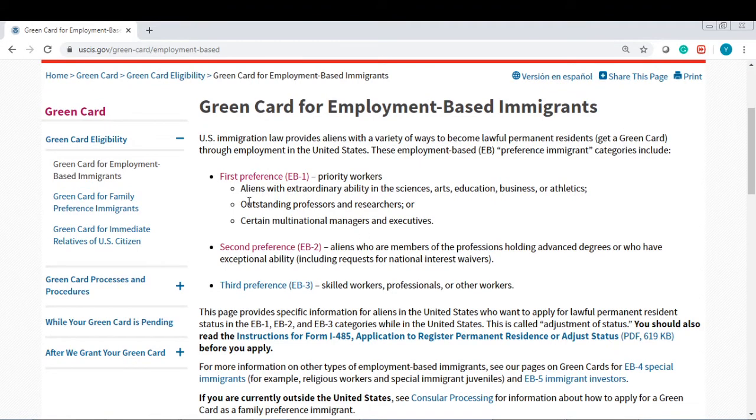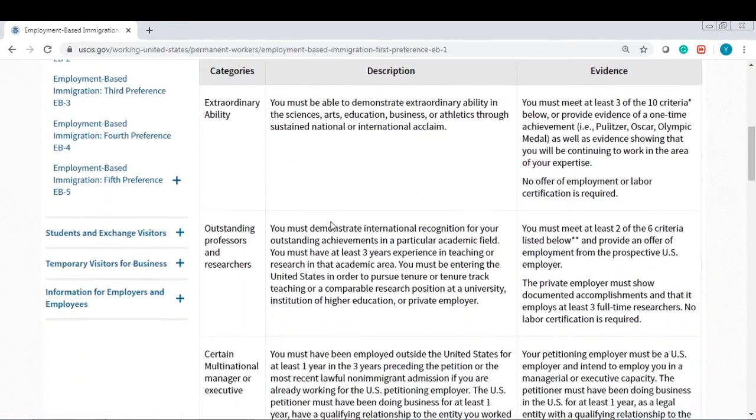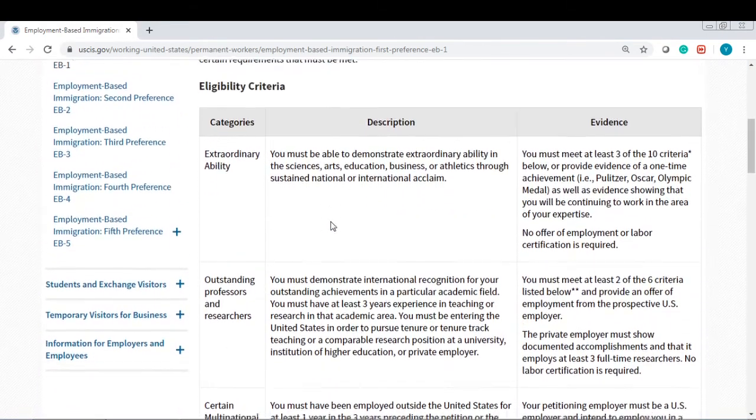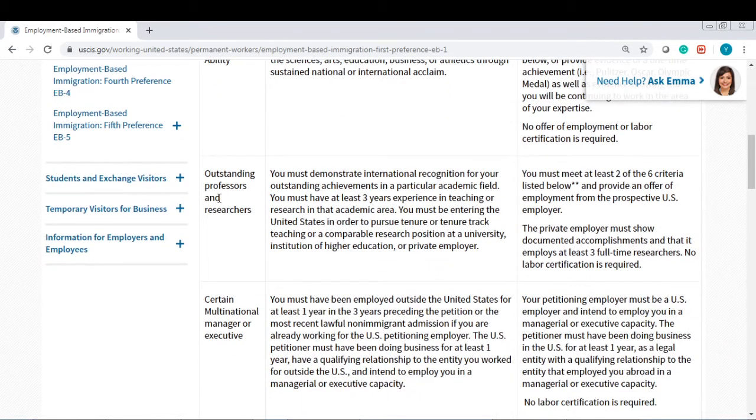As you can see, the first preference is also called EB-1, the second preference is called EB-2, and the third preference is called EB-3. Today, in this video, I will talk about EB-1 specifically. For EB-1, we have three types: extraordinary ability, outstanding professors and researchers, and certain multinational managers or executives.